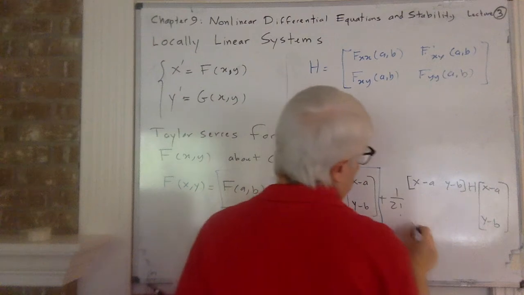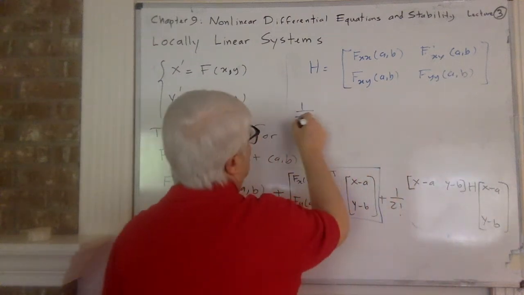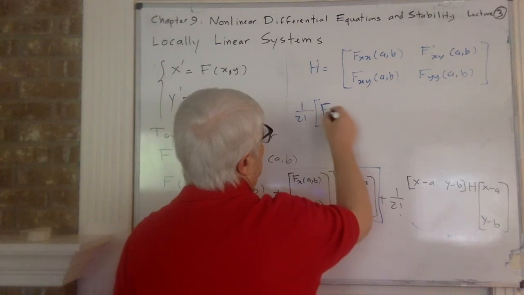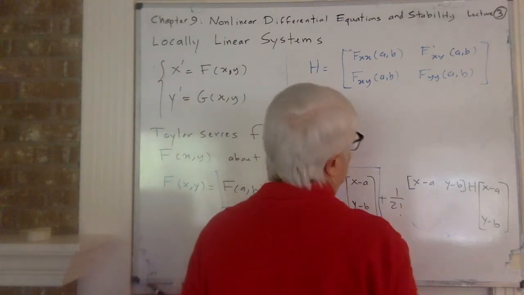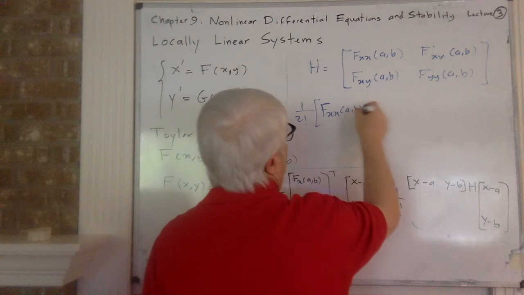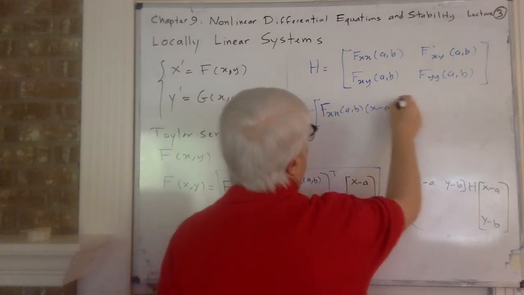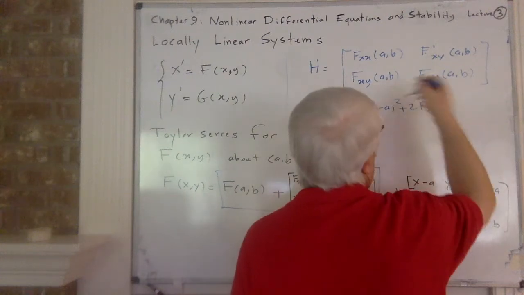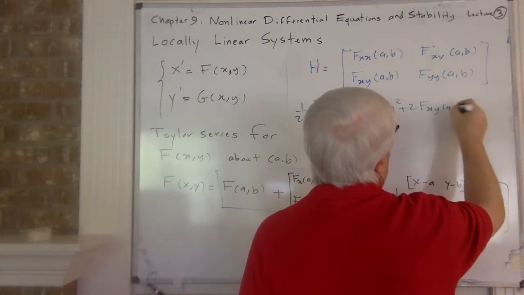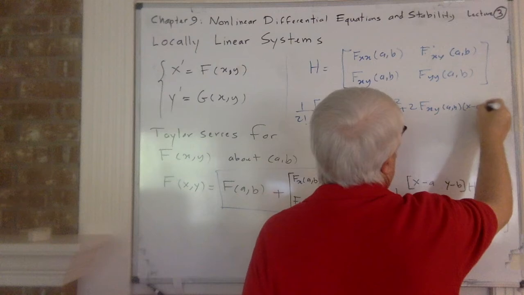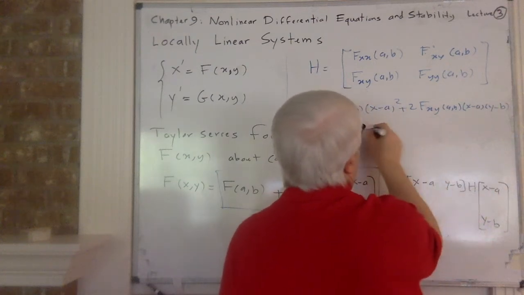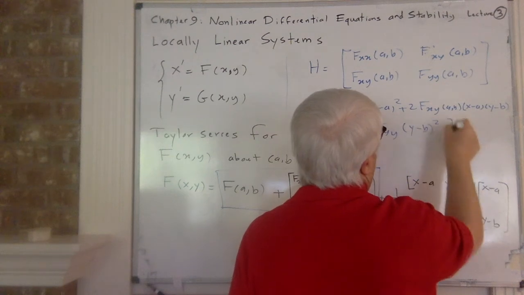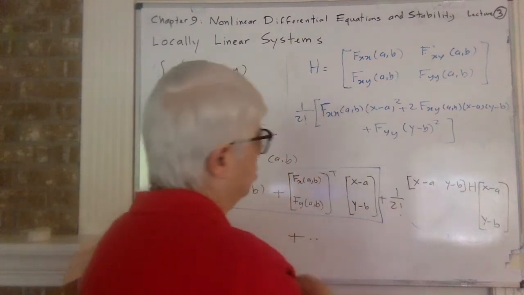So this whole thing will be 1 over 2 factorial. Inside I have fxx. Let me just drop the a and b. Then I have x minus a squared plus 2 fxy, assuming that fxy and fyx are the same, at AB times x minus a, y minus b, plus fyy times y minus b squared. So when you multiply, you will get this.